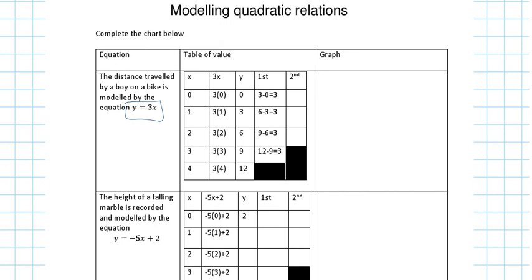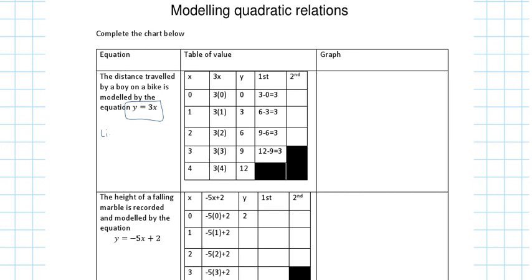Linear. And why is it linear? We don't have the square, right? If it's quadratic, the degree will be 2. In this case, the degree is 1. So we know this is linear by looking at the equation, because it's degree 1, with an invisible 1 on the x.